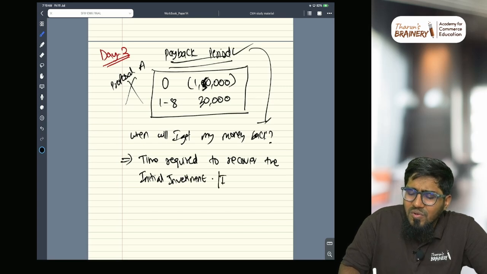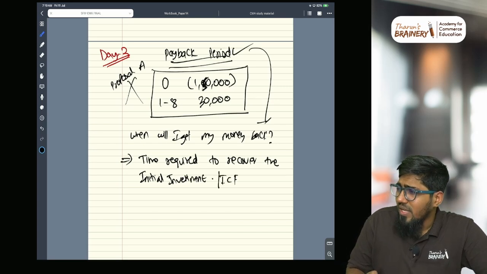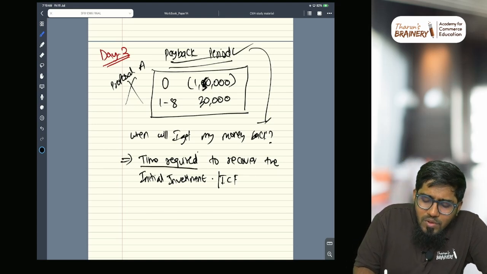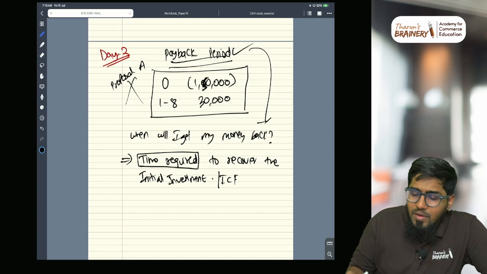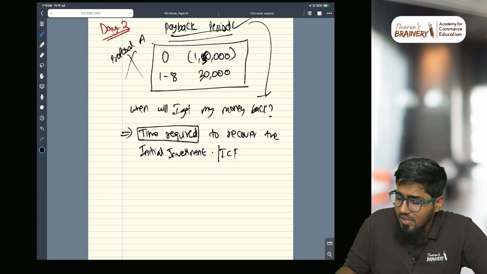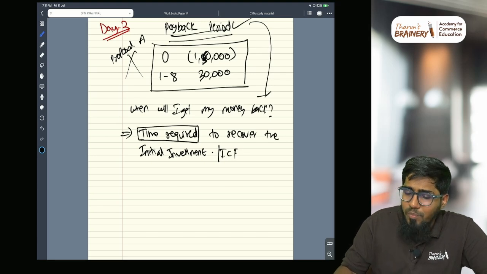The time required to recover the initial investment, or the initial cash flow, is the payback period. That is the textbook explanation of payback period.